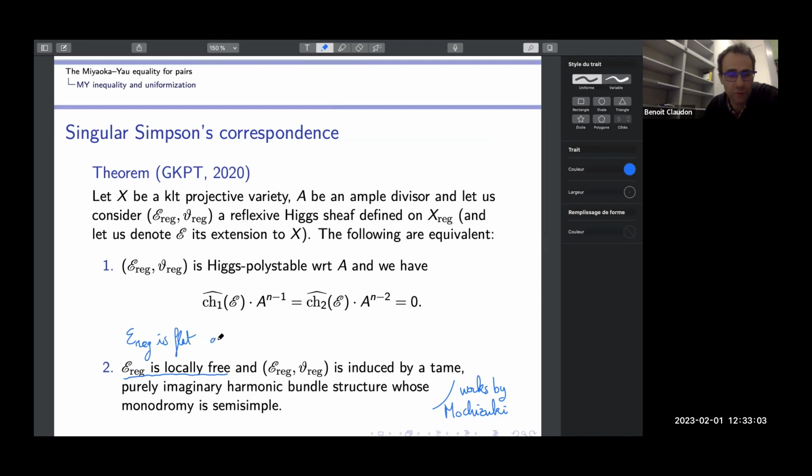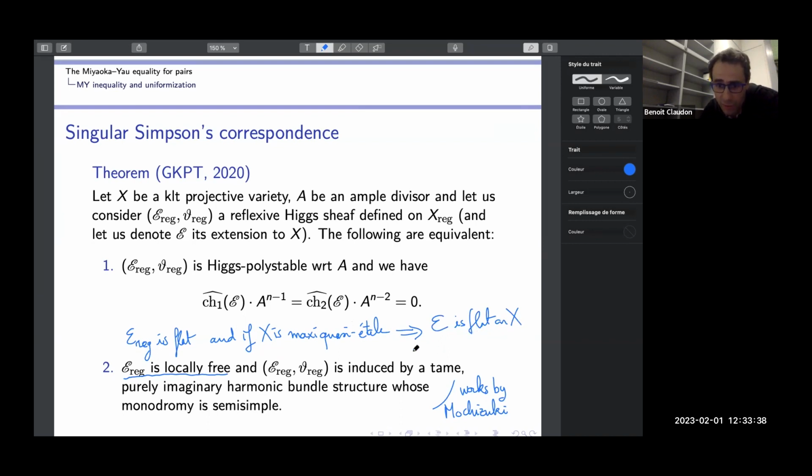And now if X is maximally quasi-étale, we have just said that this is equivalent to saying that E itself is flat on X. But the interesting point is that the flat thing is locally free.